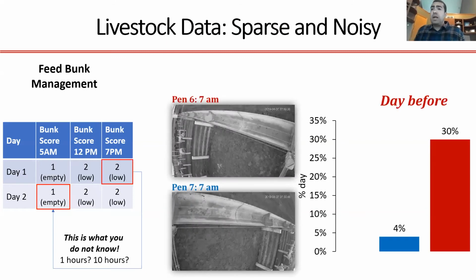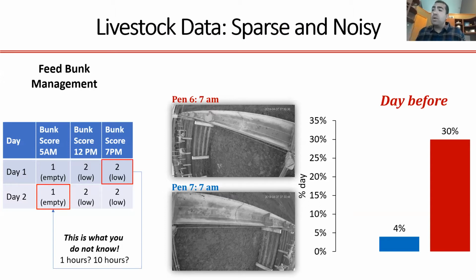So here's a quick example of two pens, pen 6 and pen 7, which are close, and both are empty in the morning at 7 a.m., right? But in those pens, we have cameras monitoring the feed bunk all the time. If we look back at what happened the day before, we can see, for example, that pen 7 was empty 4% of the time the day before, while pen 6 was empty 30% of the time.